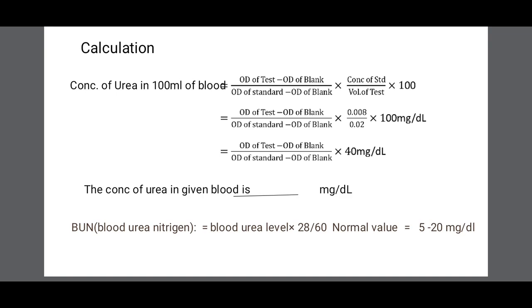Finally we get the concentration of urea in the given blood, measured in mg per dl. Blood urea nitrogen is equal to blood urea level into 28 by 60, and the normal value is 5 to 20 mg per dl.